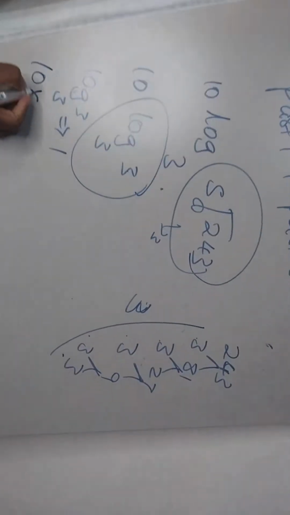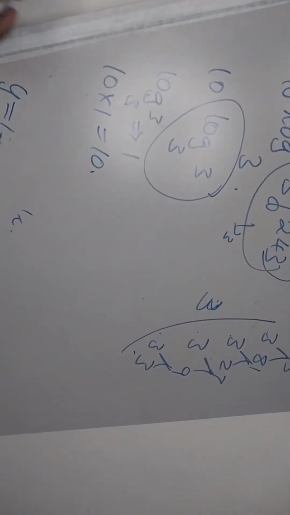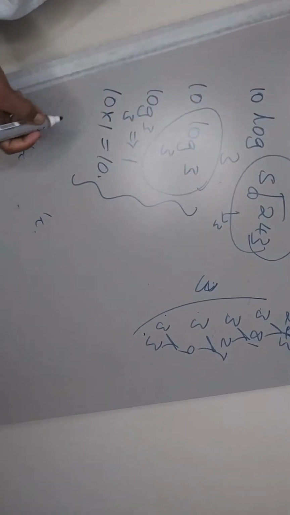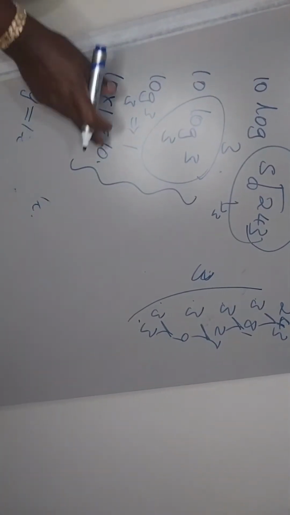So it will be 10 times 1, giving us 10. Or we can do it the long way, but you can simply pick whichever you have chosen. We have gotten our part 2 as 10.